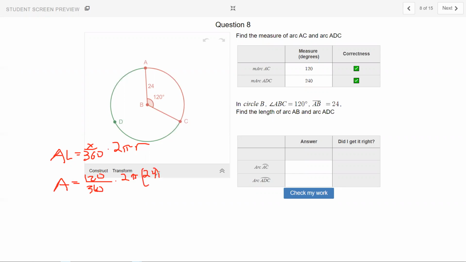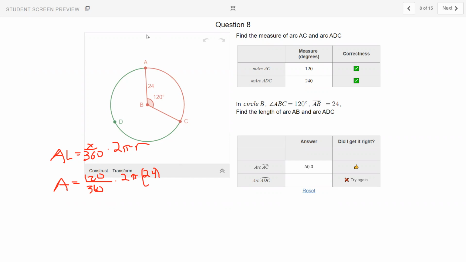Then I'm going to put that in my calculator. So I have 120 divided by 360 times 2 times pi times 24. And I get 50.3. It doesn't tell us where to round. Maybe we shouldn't round. 50.3. Yep, that's fine. 50.3.